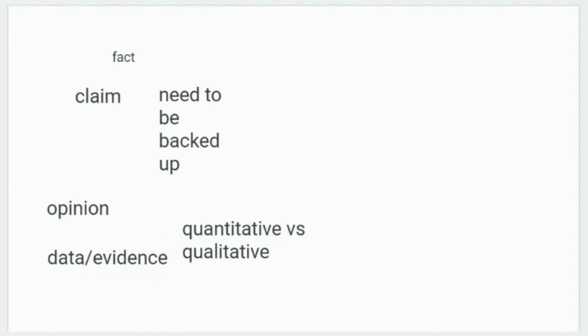So, what do I mean when I say a claim is true? It's a fact. It's not a fact, right? You can still not say it's a fact. A fact is something that is verifiable and true at its face value, right?